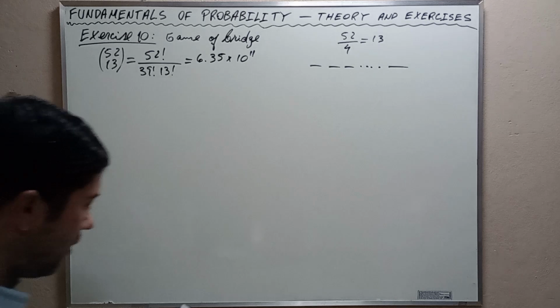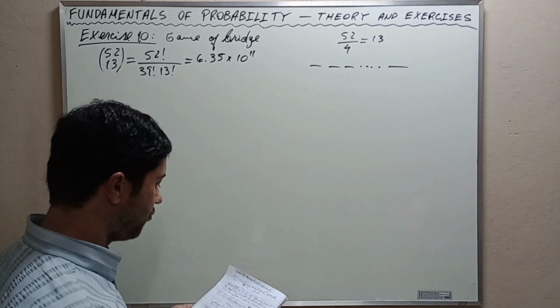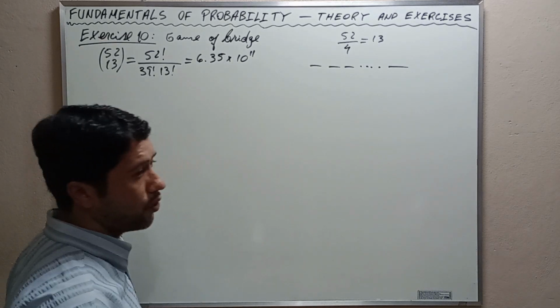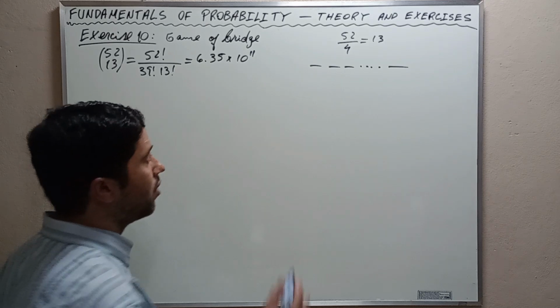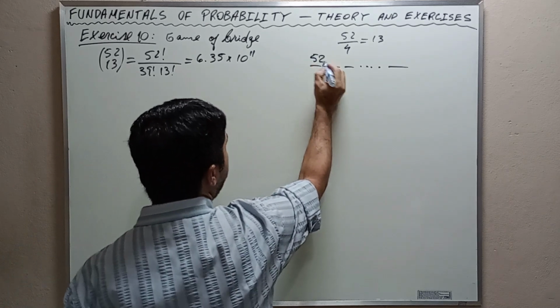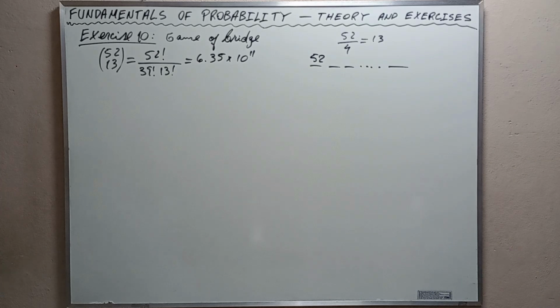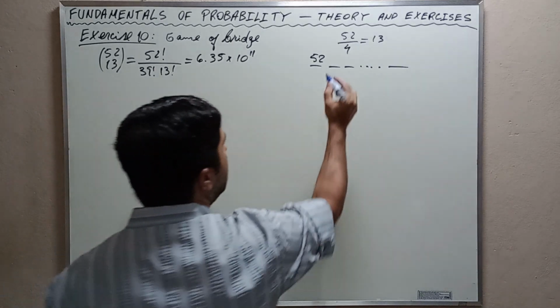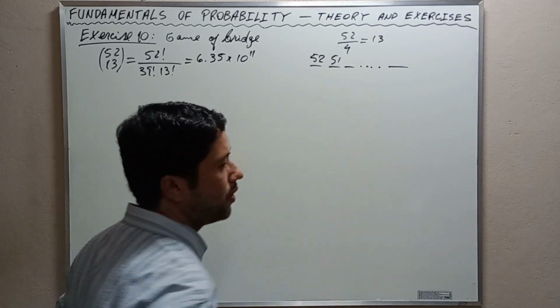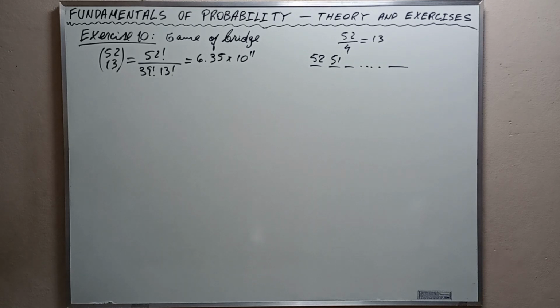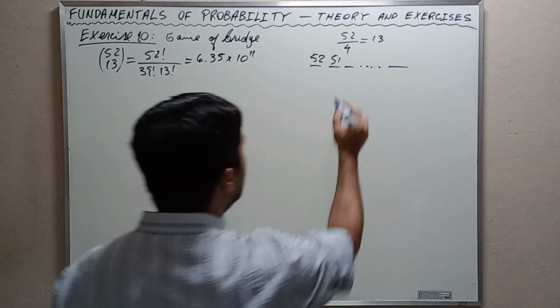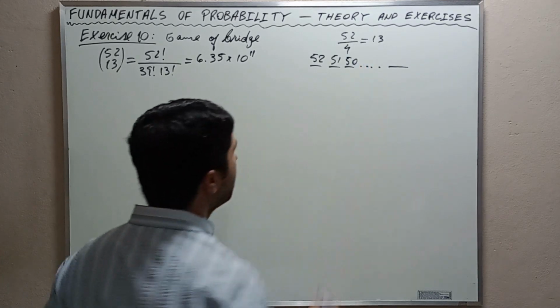The first card that I am going to give to John, I'm going to select from a deck of 52 cards, okay? As I already gave one card to John, for the second card I'm going to have 51 possibilities. For the third card I'm going to have 50 possibilities, okay?